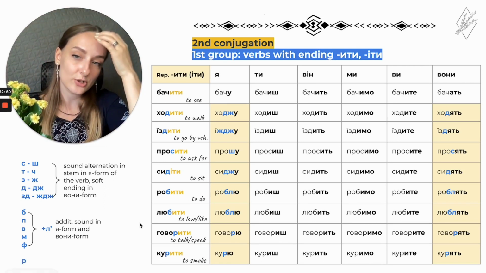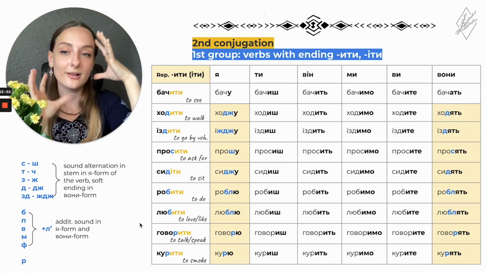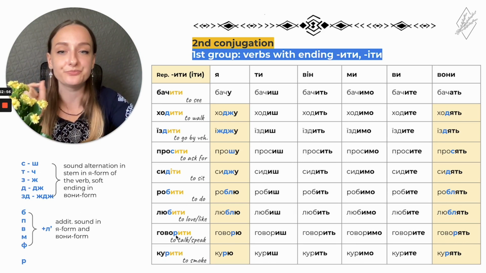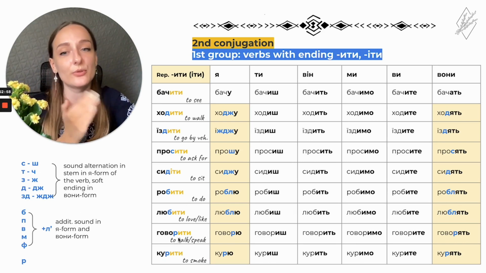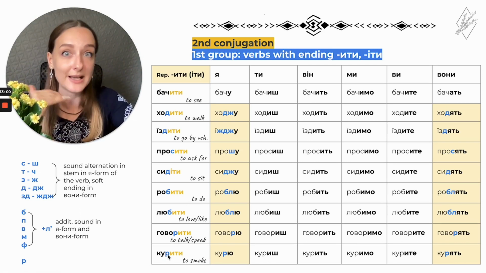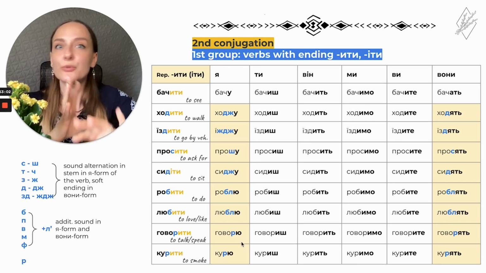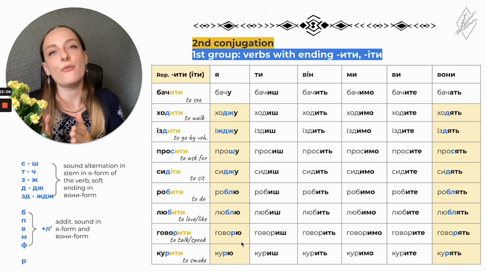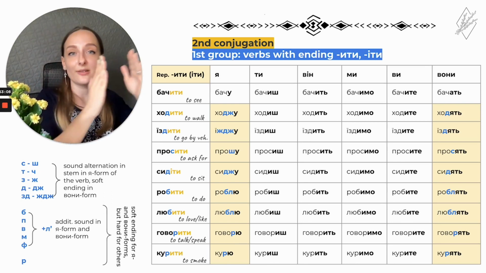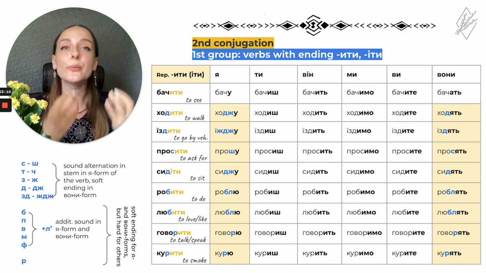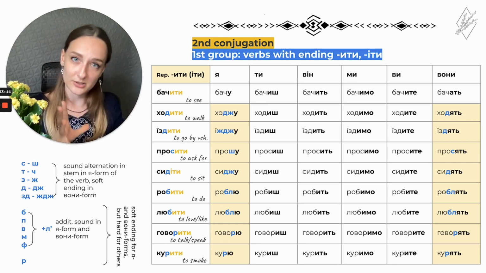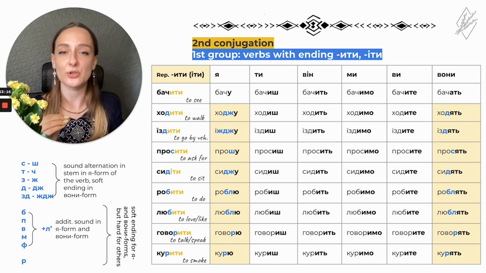The next situation, when you have letter R in the stem when you drop ending, like in the verbs говорити, курити, we have R. Here we do not have any sound alternation, but in я form and in вони form, we will have soft endings. This is what we need to remember. Other endings will be hard, but these two will be soft.